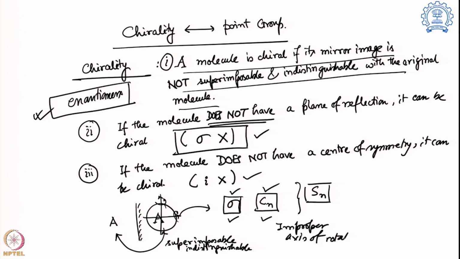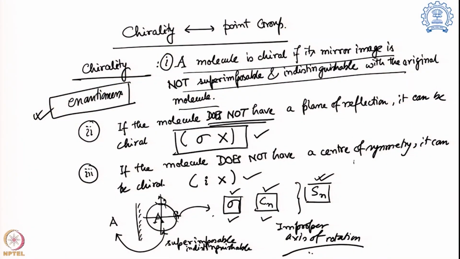And we have discussed this earlier, why this improper axis of rotation is very important, because it has a direct connection to chirality. So, now if I am able to do the deflection, do the rotation and find that this molecule can be indistinguishable and superimposable, that means this molecule is going to have an Sn axis.